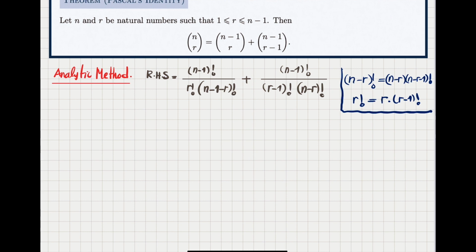Okay, now having this in mind, can you tell me what would be the good common denominator? And I hope that you appreciate what I have written here is exactly what appears here. There is no difference between them. Here I have written minus 1 first and minus r second, but that's the same thing. Okay, now can you tell me, if I want to find the common denominator, what do you tell me to write instead of the common denominator?